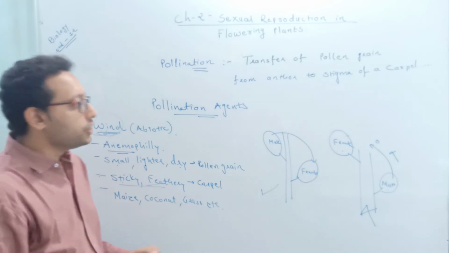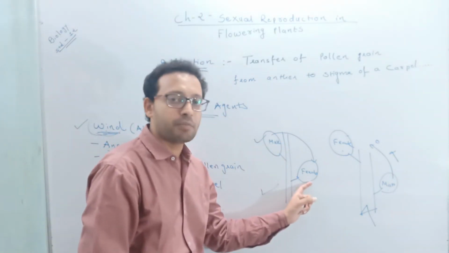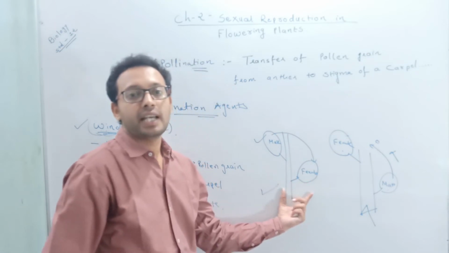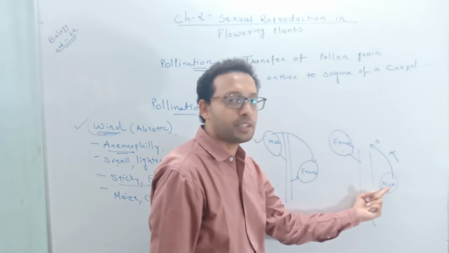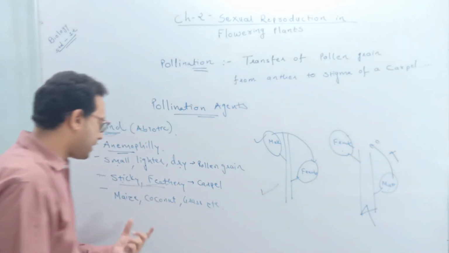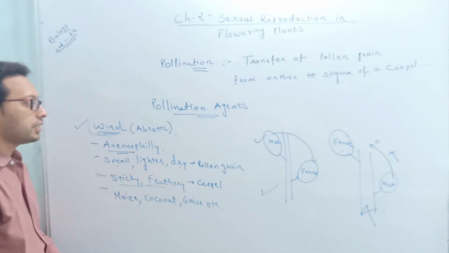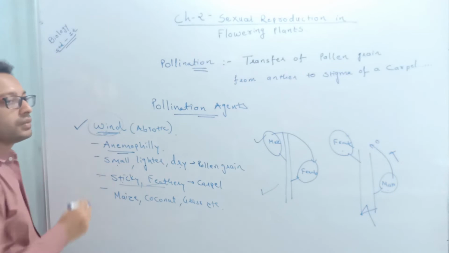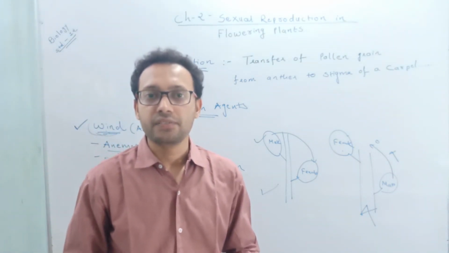The male flower should be present at the top and the female flower at the bottom, which facilitates anemophily. If the reverse, it doesn't facilitate anemophily. It occurs in maize, coconut, grasses, etc. So this is the first agent by which pollination can occur, wind.